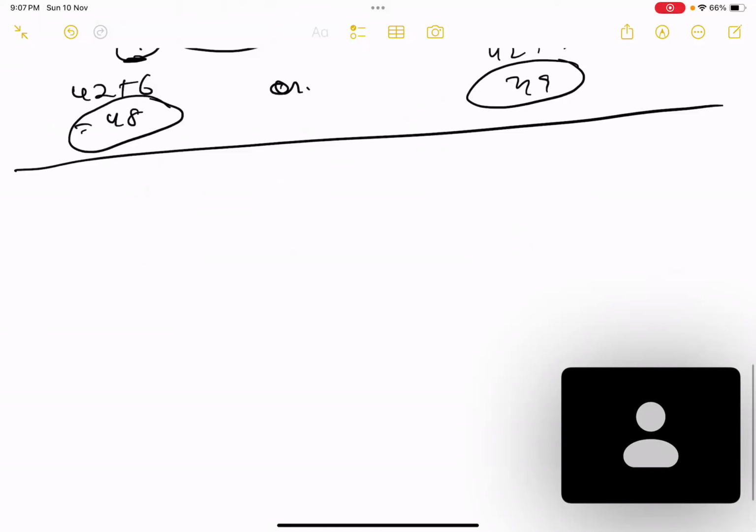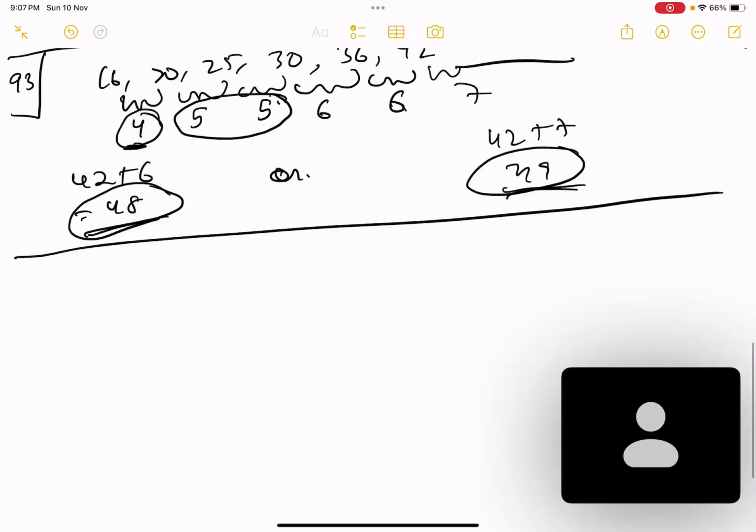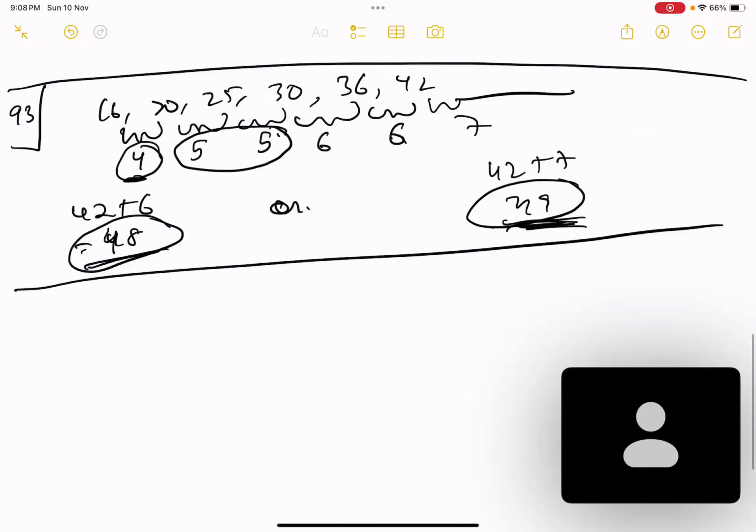The most likely is 49, but there's also a chance that it will be 48. The difference can go 5, 5, 6, 6, 7, 7.